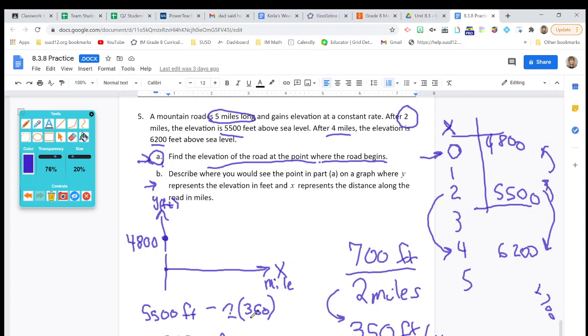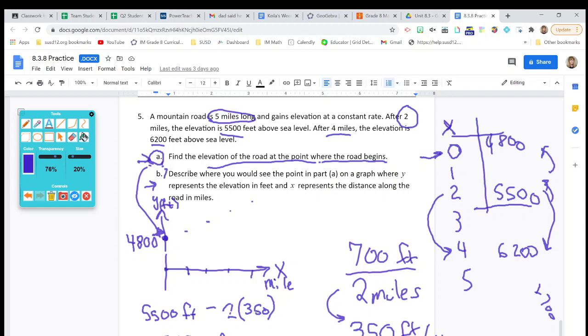You're going to see that point right here on the y-intercept. And then our road's elevation increases by 350 feet every mile, like this. So at mile 1, it's going to be 5,150. And at mile 2, it's going to be 5,500. And at mile 3, it's going to be, and so on and so on.